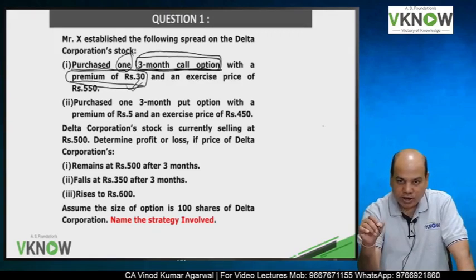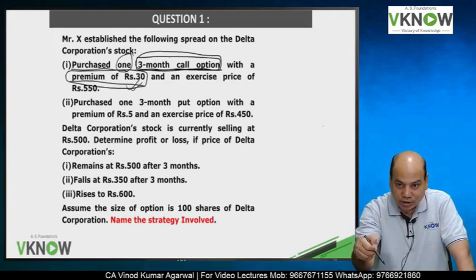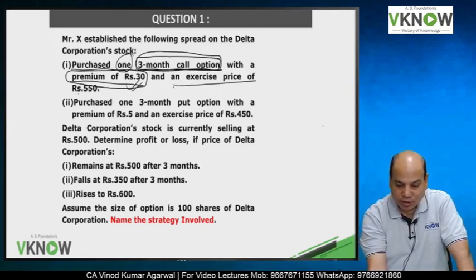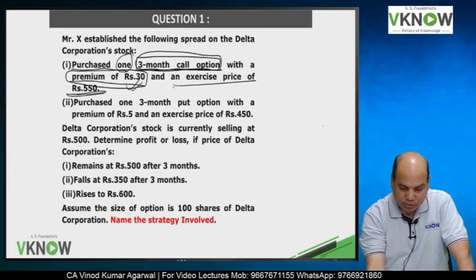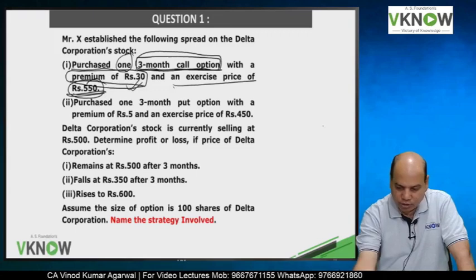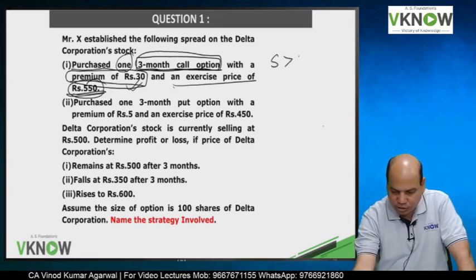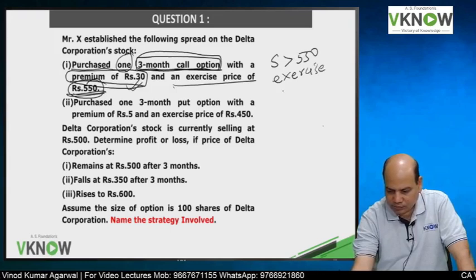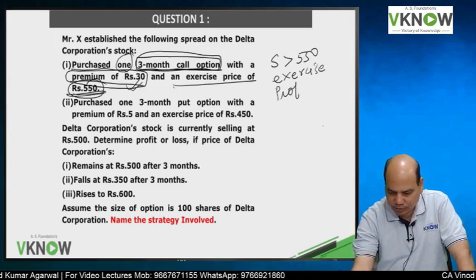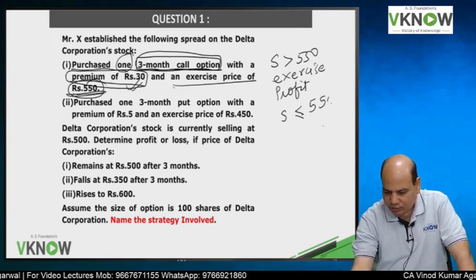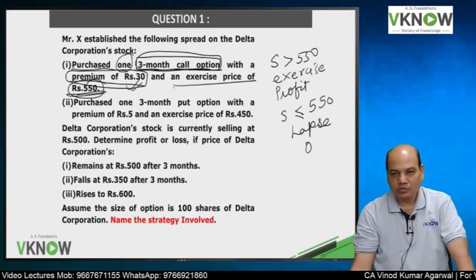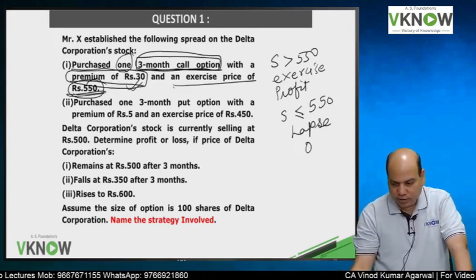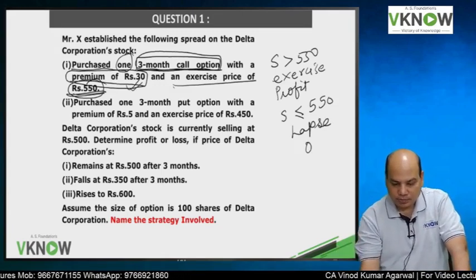This you have to pay at the time of entering into the contract, and an exercise price of 550. That means if the share price is more than 550, the option will be exercised and you will get profit. If the share price is less than or equal to 550, option will lapse and the profit will be zero. That is the meaning of call option in this example.